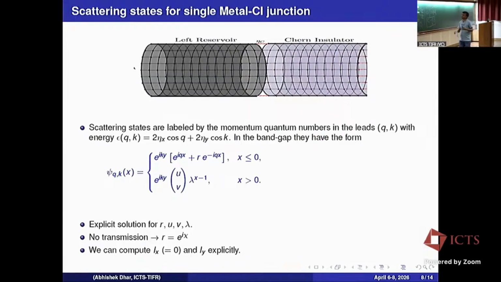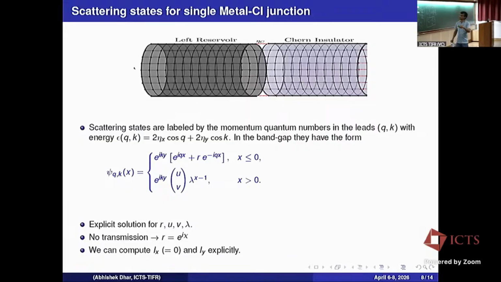One very nice way to understand this is by looking at scattering states for this system. The scattering states are very simple. In the y direction, they're just plane waves. In the x direction, there's an incident plane wave, then the reflected part. Inside the insulator, because we are looking in the gap, it can't transmit, so it decays exponentially.